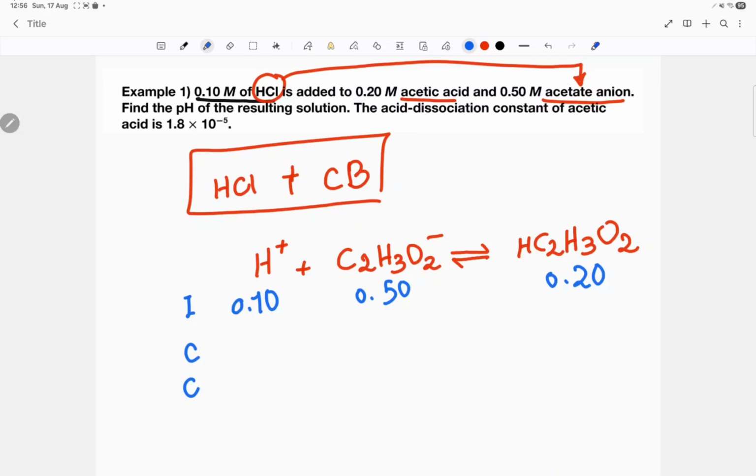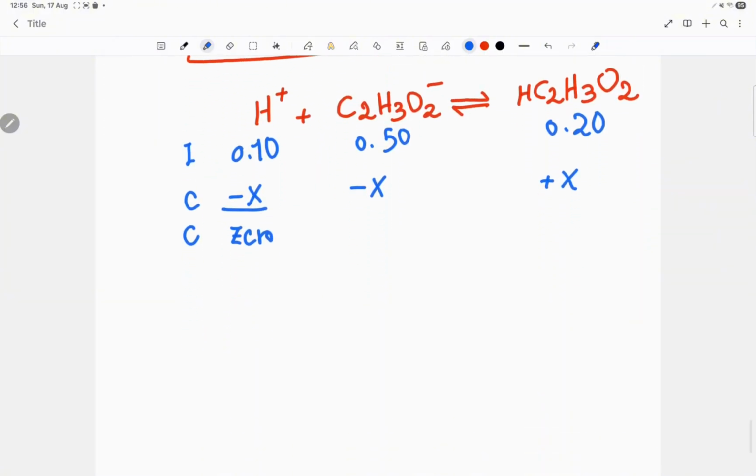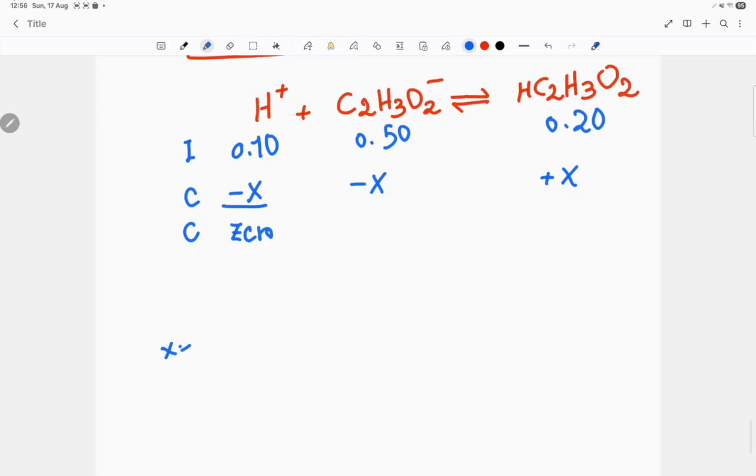Now, how many reactants do you have? 2. Which one becomes 0? Which one gets finished first? The lesser one. So 0. So you're going to do minus x, plus x. So how much is the x? 0.10. Exactly, x is 0.10.